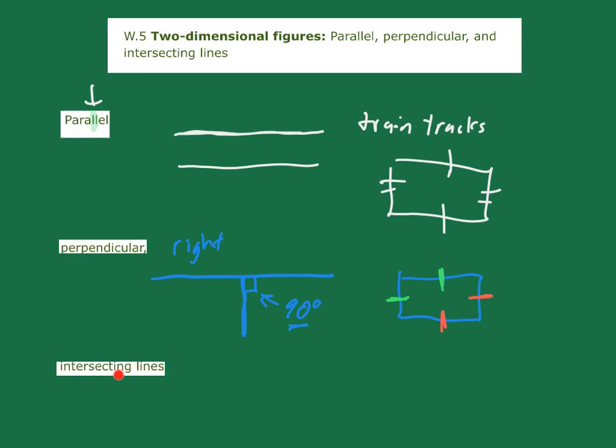Intersecting lines, when we're talking about these, is basically any other two lines, wherever they would meet and they might cross, or they will cross. So for example, if I have a line and another line that crosses it, these lines are intersecting. They cross. All right? It's not at a perfect 90-degree angle.